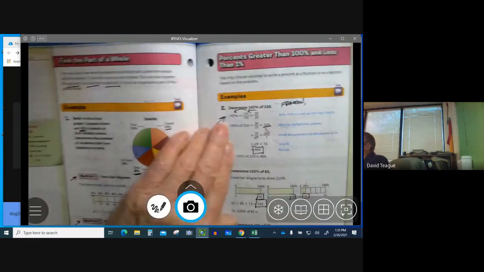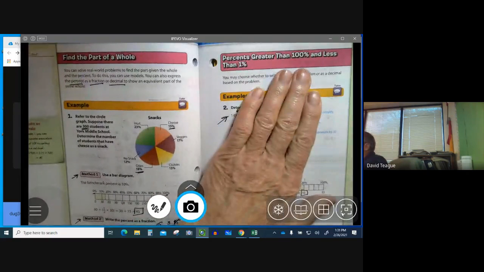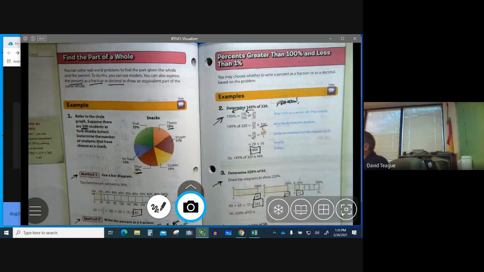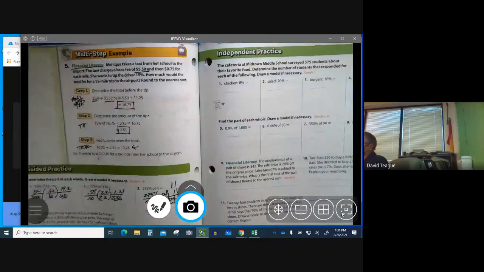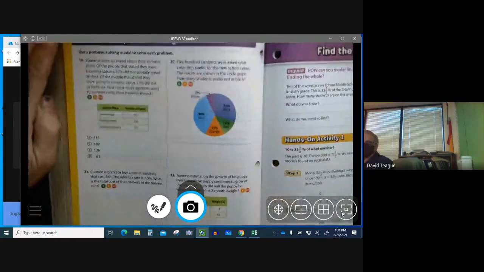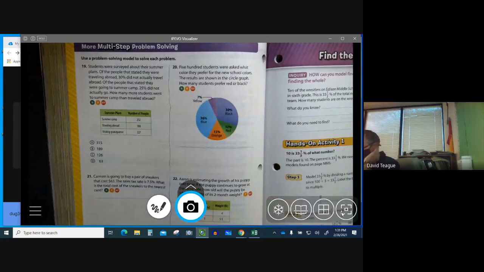So we also learned that you can do more than 100%, and this little formula works, and also less than 1%, it also works.